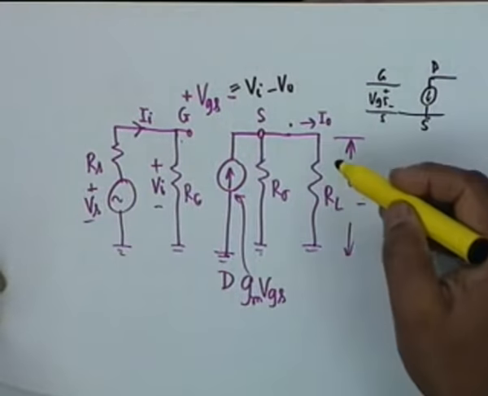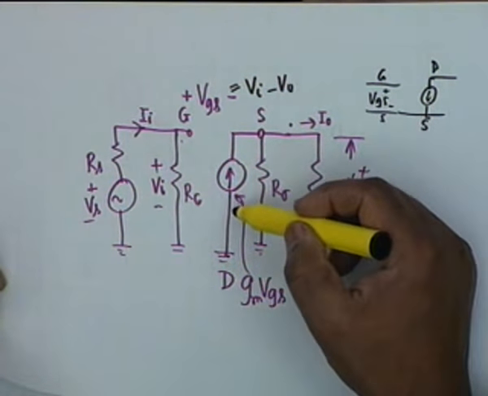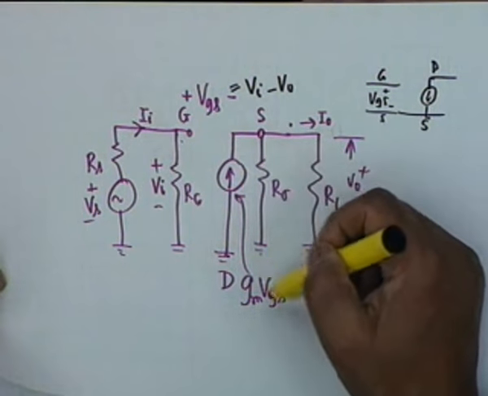Okay. The current through here is V0 by RL, current through here V0 by R sigma, and the current coming in, that is gm VGS.